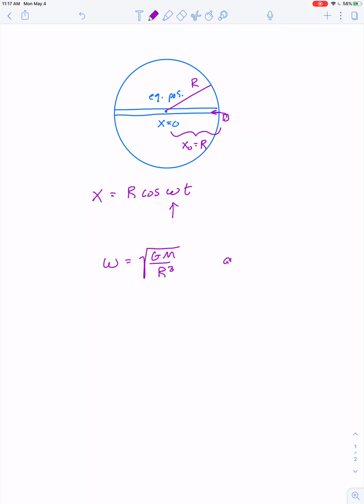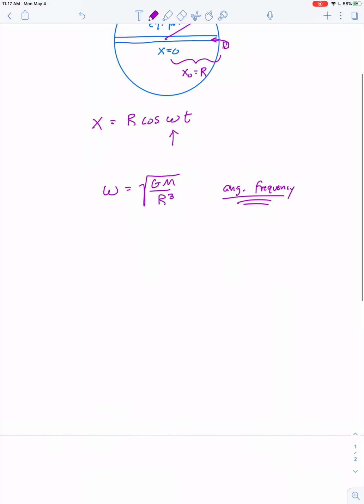And we called that the angular frequency. And we also found that the period would then be 2 pi times the square root of R cubed over GM. And that's where things got interesting, because we can easily see that's the exact same expression for the period of a satellite in a circular orbit.